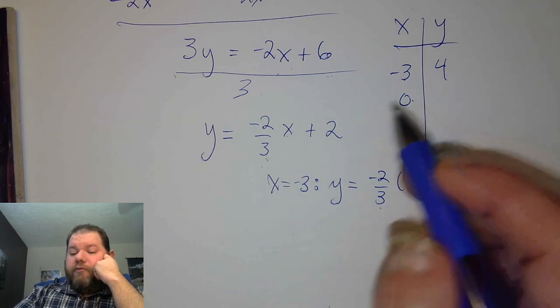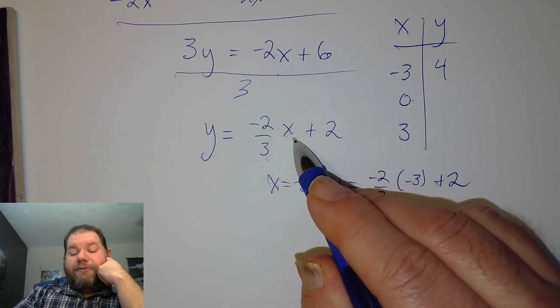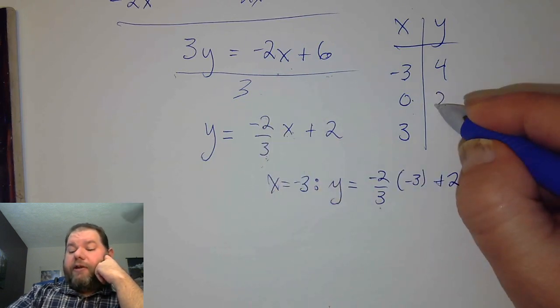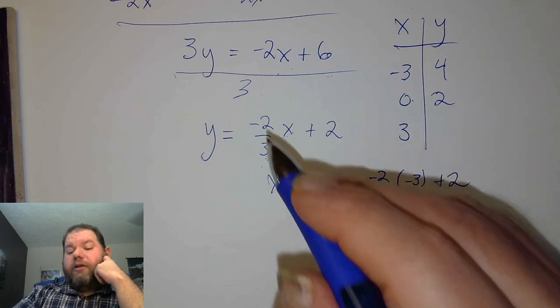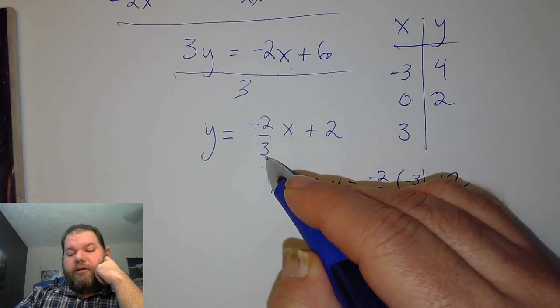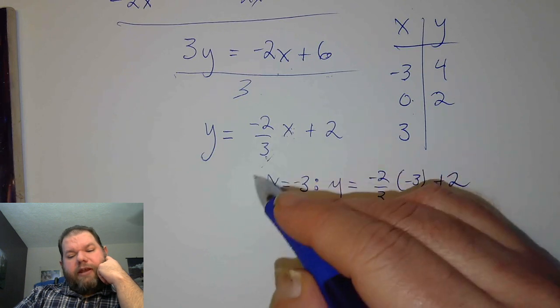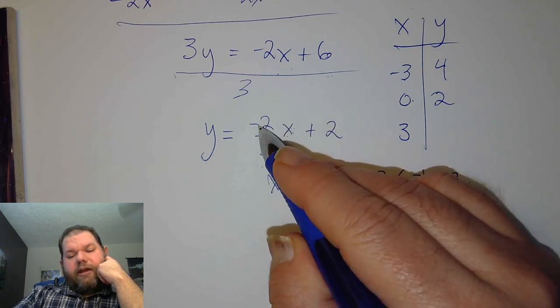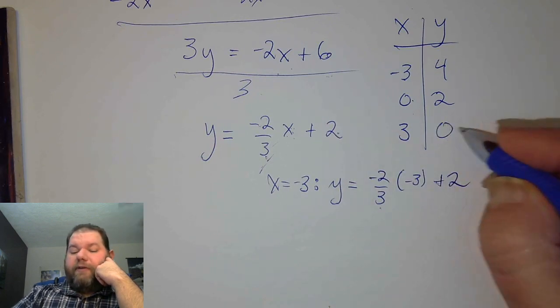For x equals 0, -2/3 times 0, anything times 0 is 0, and then we'll add 2 to that. And then for x equals 3, -2 times 3 divided by 3. Since we're basically multiplying by 3 and dividing by 3, those cancel out. So it's -2 times 1 plus 2, which makes it 0.